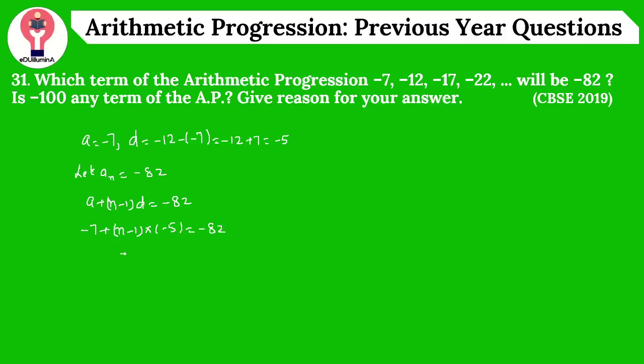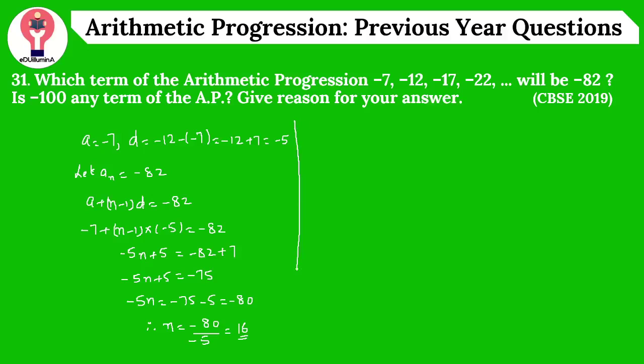So -5 into n minus 1 into -5 is plus 5, and on the right hand side -82 minus -7 will become plus 7. -82 plus 7 is -75, and on the left hand side -5n plus 5. So -5n is equal to -75 minus 5 is equal to -80. So therefore n is equal to -80 upon -5. So n is equal to 16. So therefore 16th term will be -82.